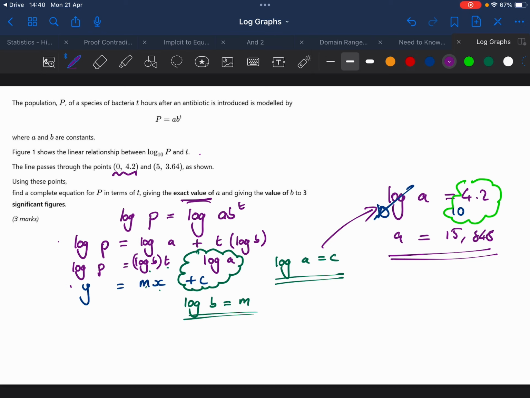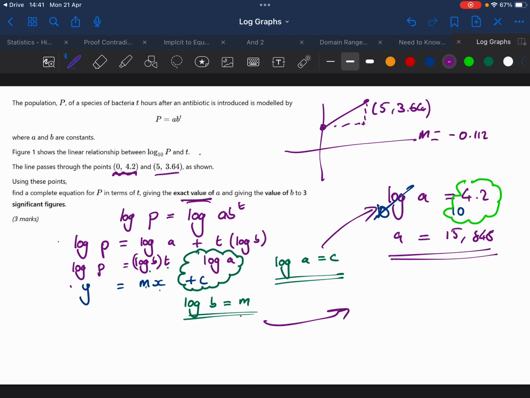Okay, and how about the gradient? If I go back here, I've got 2 points, haven't I? With 2 points, I can use them to get the gradient. I can do the difference in y and the difference in x. If I do that, that will get me a gradient value of minus 0.112. So in this model, that's saying that log B is equal to minus 0.112.